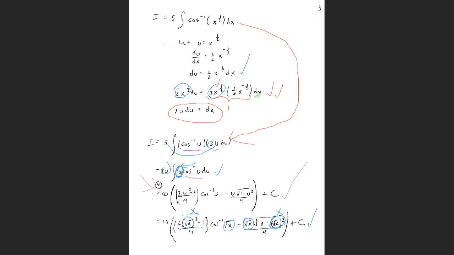So this here can be written as 10x minus 1 over 4. Or sorry, 2x minus 1 over 4. All right, and so here we are. There's the 2x minus 1 over 4 here.